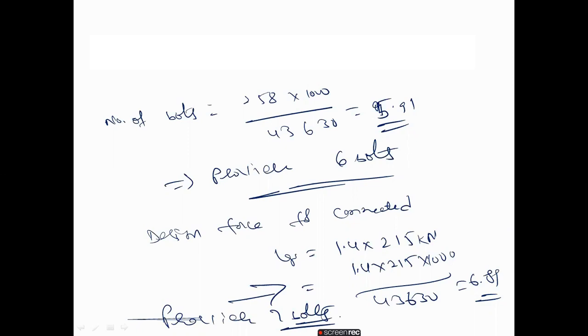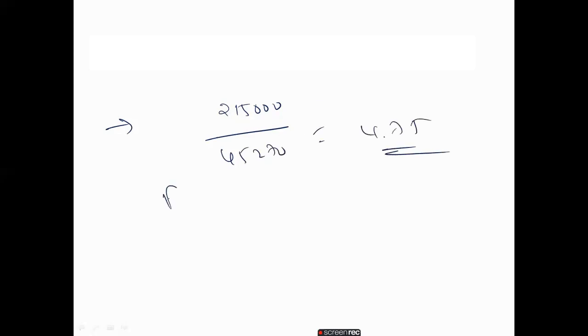Now the connection of the main angle to the gusset plate. The force is 215,000 divided by the bolt value we just got, 45270, which is 4.75. So for the gusset plate we have to provide 5 bolts.